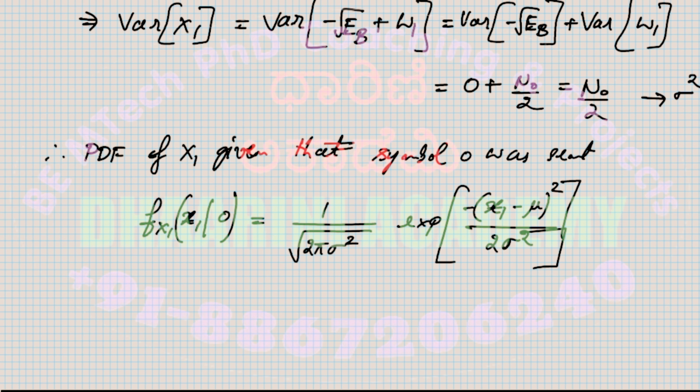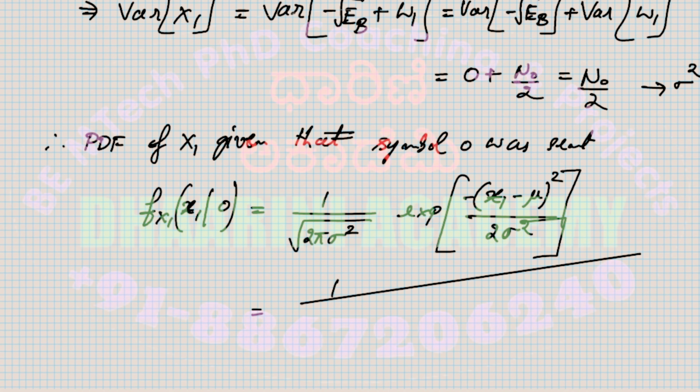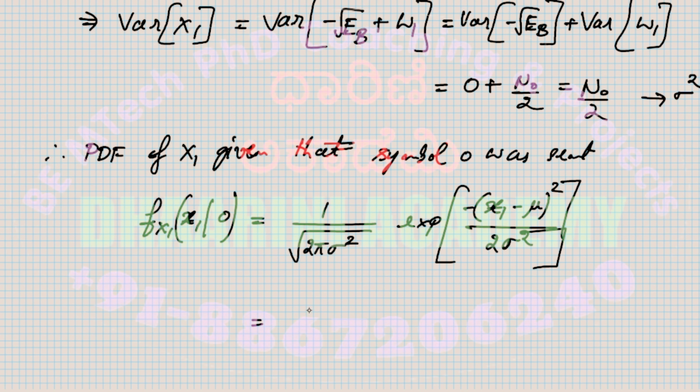What is sigma square? Sigma square is n naught by 2. So the 2 and 2 will get cancelled. So I can directly write this as 1 divided by under root, there is a pi and n naught. So this is 1 divided by root of pi into n naught.